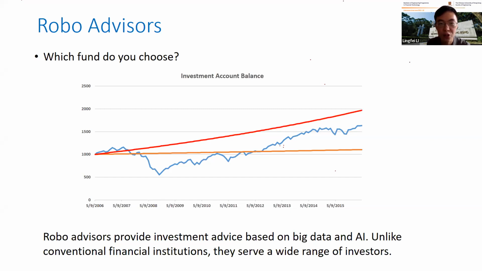Banks offer financial advising service. You can go to a bank, just go to their branch and say, I want to open an investment account. And when you deposit enough money there, their staff would be interested in talking to you. They are going to promote some of their investment products to you.